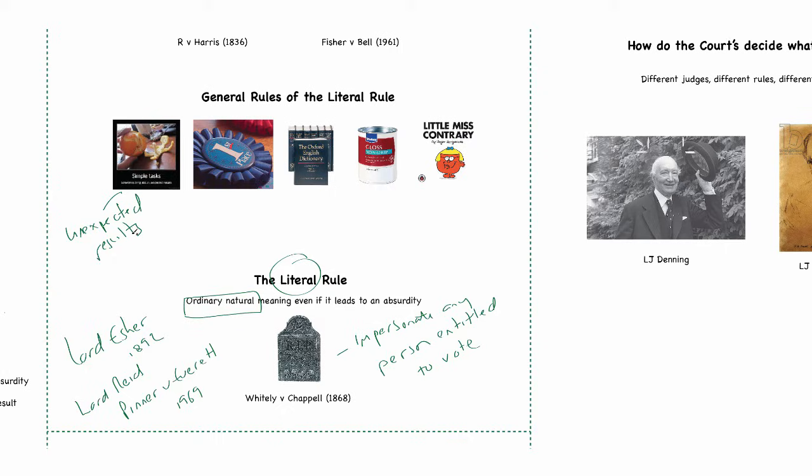It was certainly not the intention of Parliament in Whiteley versus Chappell that impersonating any person entitled to vote would mean that people who impersonated dead people would get off, would be acquitted. What Parliament meant was to stop people voting and using other people's vote to vote falsely. They'd missed that loophole, but the application of the literal rule led to an unexpected result.